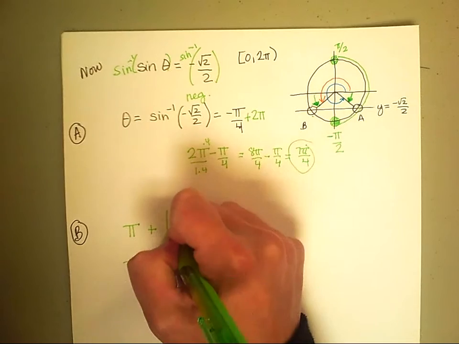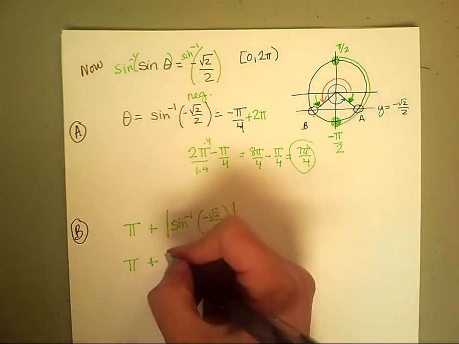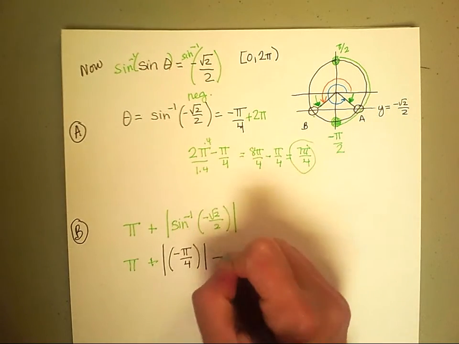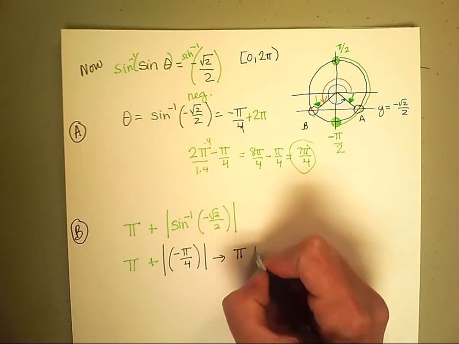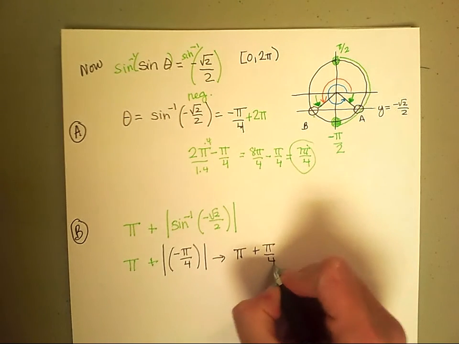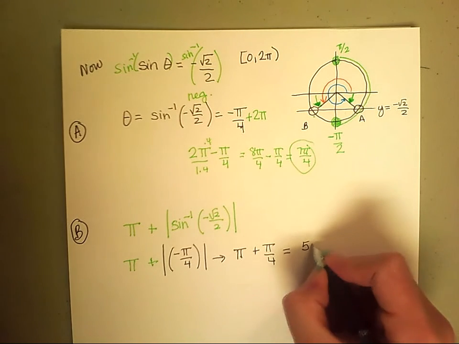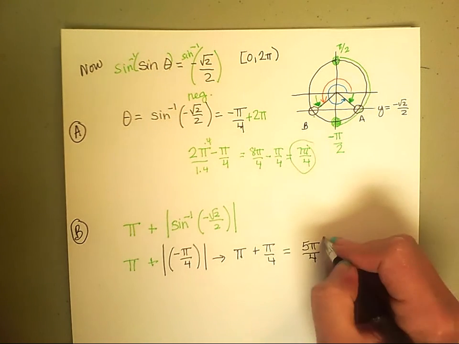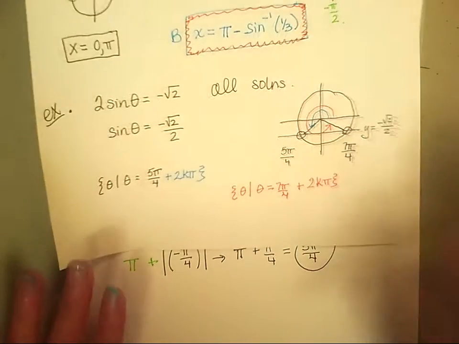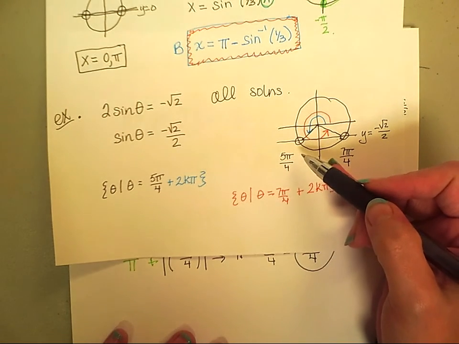So we have to compensate for that. And so we need to keep the absolute value here, because then we can have pi plus the absolute value of negative pi over 4, which is pi over 4. And this would get us to 4 pi over 4 plus 1, which would be 5 pi over 4. Which is what we were looking for here.